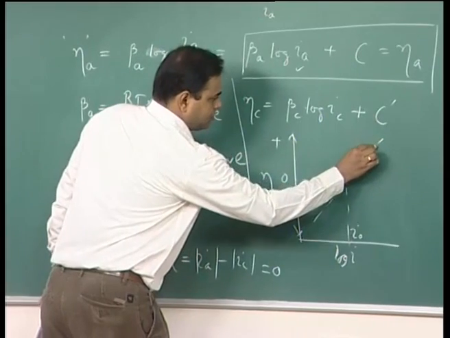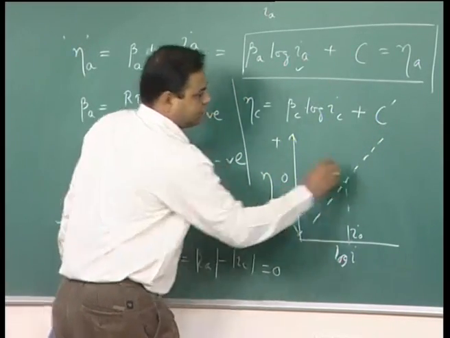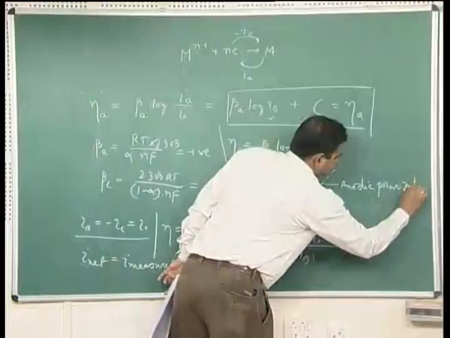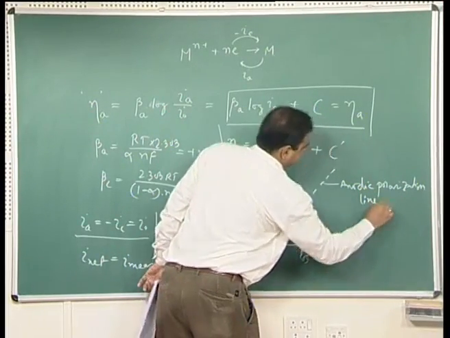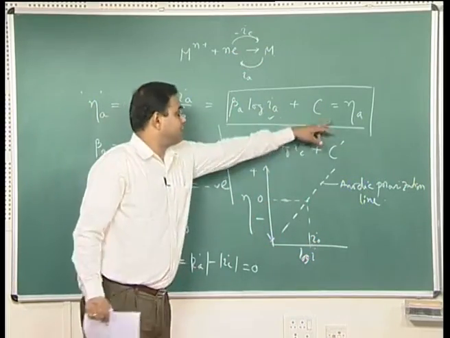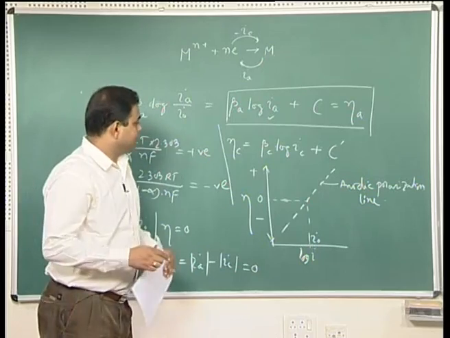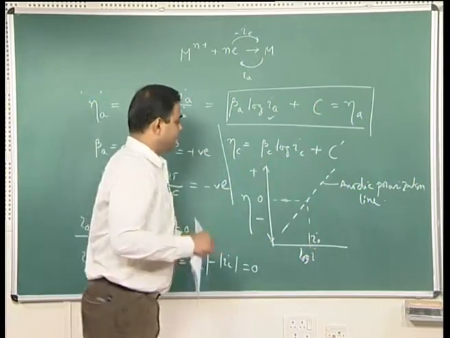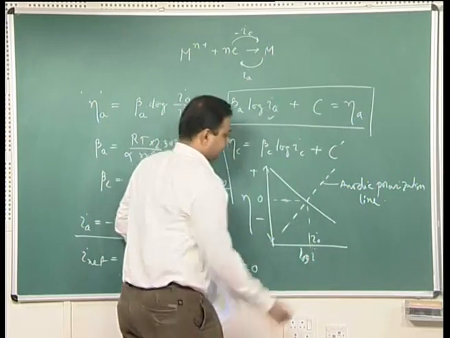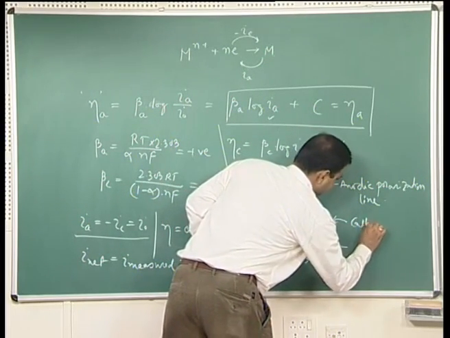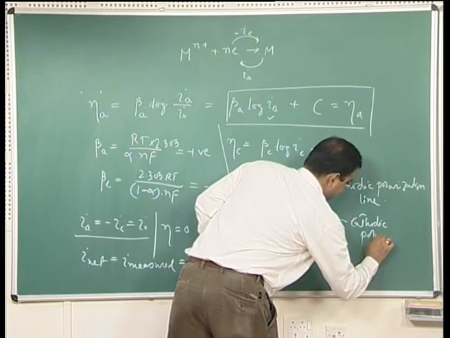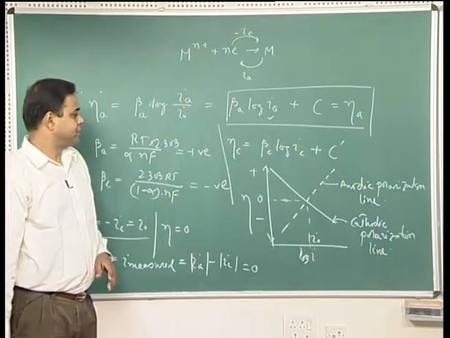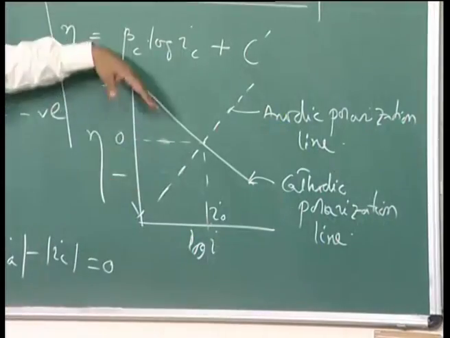So, this is my anodic polarization line, since this is plotted with respect to polarization as a function of log I. Now, similarly, I can also find out what would be my cathodic polarization if I know I C. This is my cathodic polarization line.